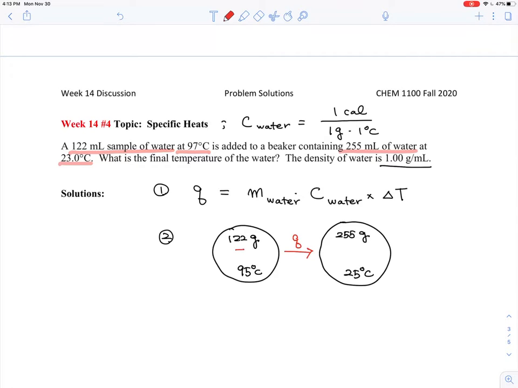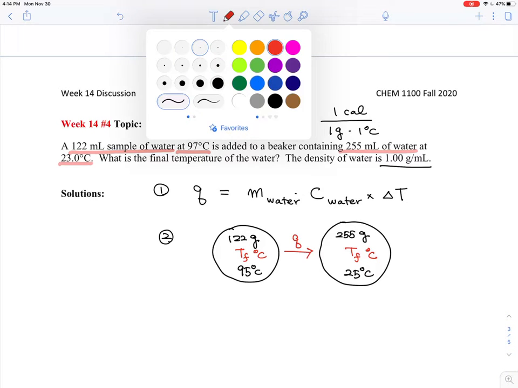This is your final temperature, in degrees C. They will reach the same temperature, and the delta T on the left hand side will be a cooling, and the delta T on the right hand side will be a positive, which is a heating. So on the left hand side the Q value is negative, and on the right hand side the Q value is positive. So let's establish the equation.